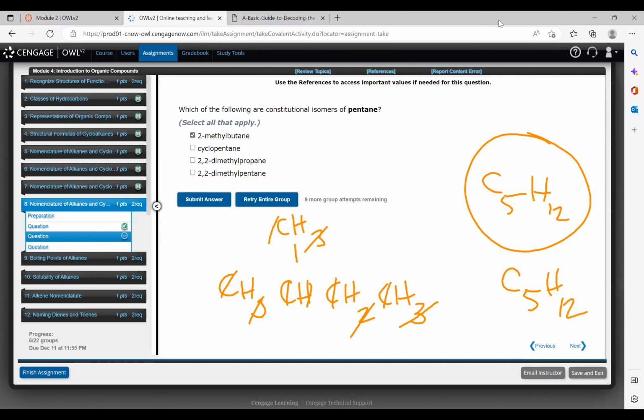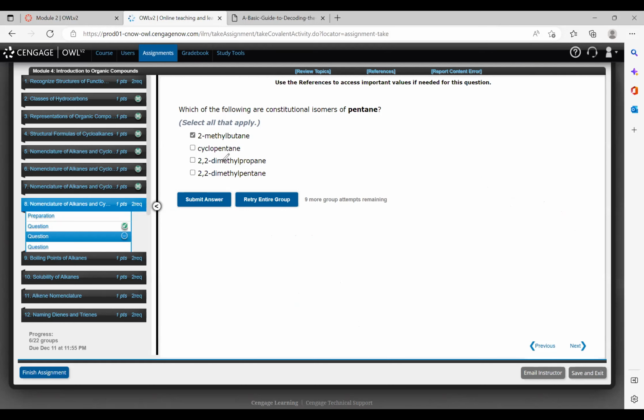All right, let's try cyclopentane. So cyclopentane tells us that we would have a 5-carbon ring, and the cyclo actually gives the depiction that it's a ring. So again, 1, 2, 3, 4, 5 carbons. And because carbon wants 4 bonds, there's 2 hydrogens here, 2 hydrogens here, 2 hydrogens here, 2 hydrogens here, and 2 hydrogens here.